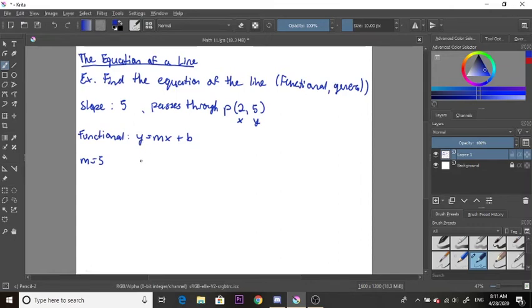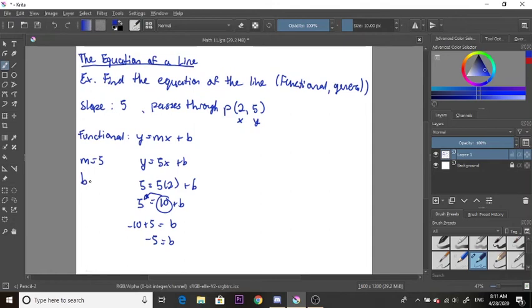So let's go ahead and do that. I'll put in my slope first, and then I'll put in my y and my x. Now remember, these are multiplied here. So 5 is equal to 5 times 2 plus b. 5 times 2 is 10. I'm going to take this positive 10, bring it over to the other side, this becomes negative 10 plus 5 equals b, which equals negative 5.